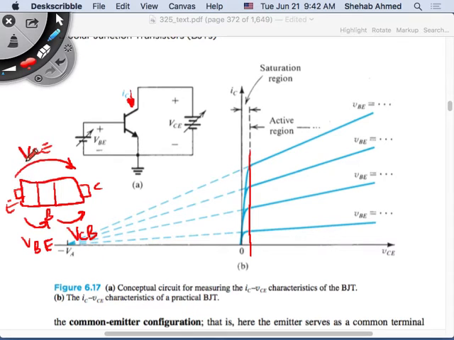If I increase VCE, meaning I go this way, for a given VBE, meaning I'm on one of these curves, because each curve is a specific VBE, it means that VCB is increasing. Which means that the collector-base junction is seeing more reverse bias, meaning the higher electric field I was talking about. So, do you want to do that or not?